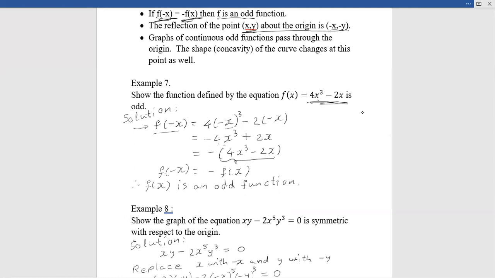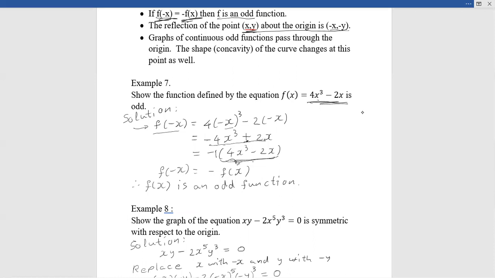Now, from these two, if you take a negative 1 out, you get 4x cubed minus 2x. If you distribute, negative times positive gives negative, and negative times negative gives positive again. You can distribute this and check back. With the negative sign out, we get 4x cubed minus 2x. Now what is this part, 4x cubed minus 2x?